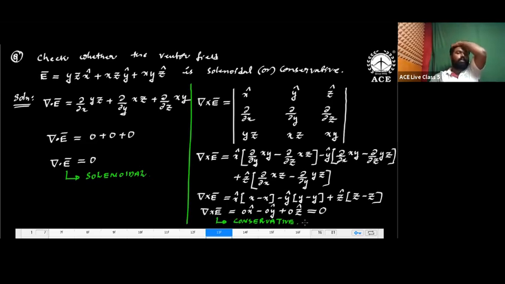Okay, let us have one more question. I'm going to turn the page. This was an ESE question.